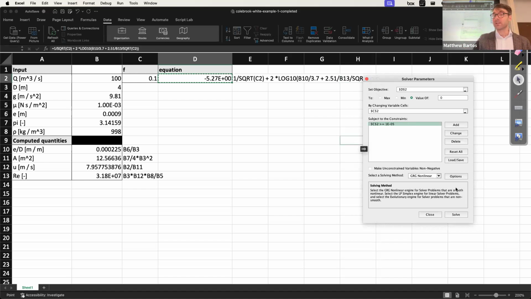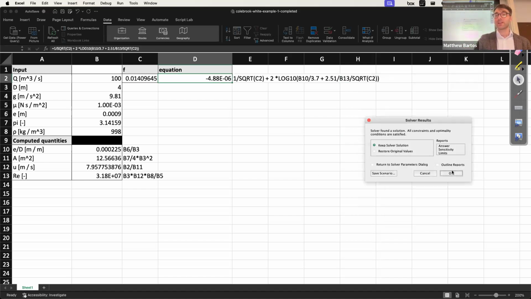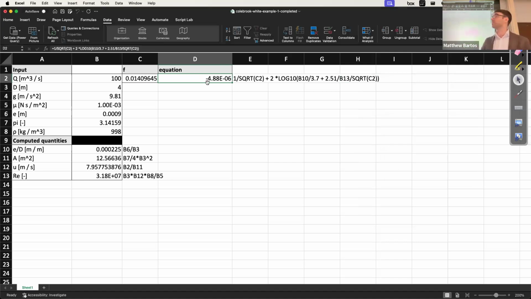After filling in our solver parameters, I hit solve. You should see that the value of our objective function goes down close to 0. We want this cell to be as close to 0 as possible, and the cell containing the variable we are trying to solve for, the friction factor, starts to converge to the true friction factor that solves this system of equations.